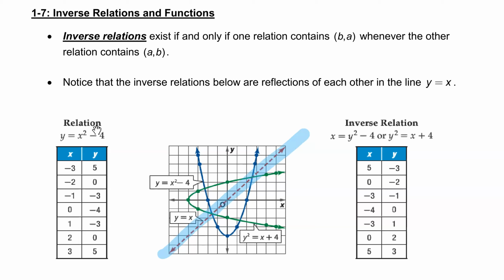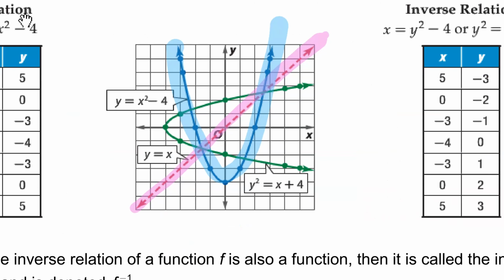So if I have the function x squared minus 4, I want to mirror the blue across the pink. I'm mirroring x squared across the line y equals x. Everywhere where it was underneath the line is now going to be above the line.